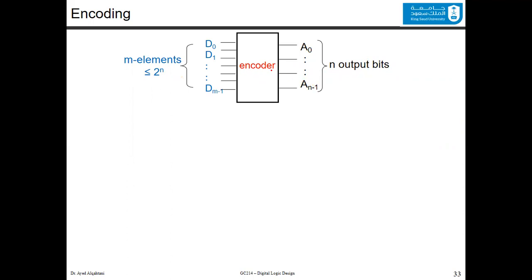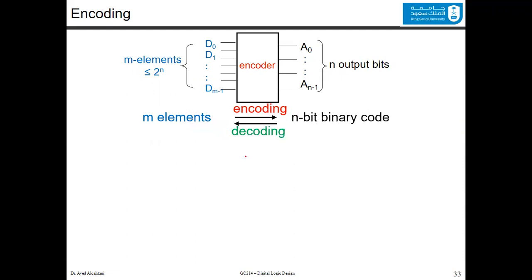In any encoder circuit, the data lines are much more than the address lines, or in another way, the inputs are much more than the outputs. You can see that if you go in this direction from M to N, you are doing encoding. If you go in the opposite direction, it will be decoding.